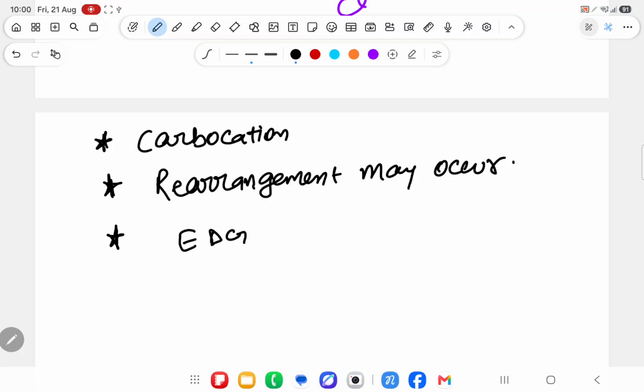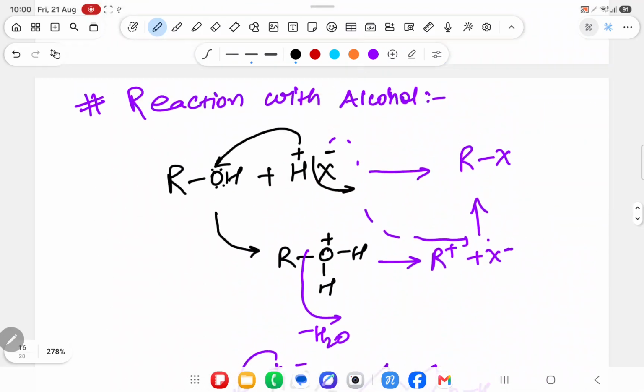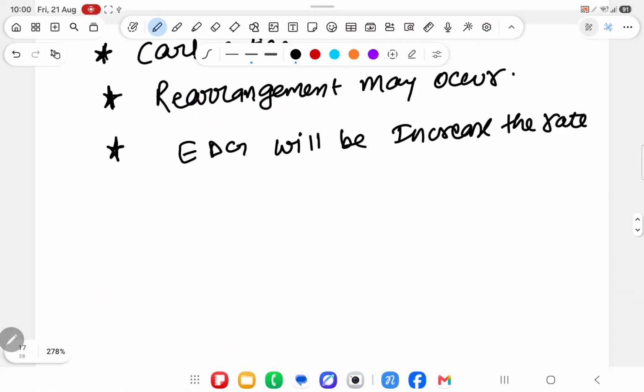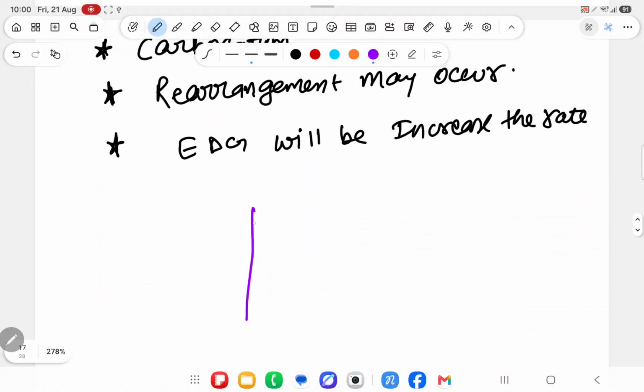SN2 is very happy with electron withdrawing groups. So an electron donating group will increase the rate. I hope you understand what is happening in the reaction of alcohol with HX.